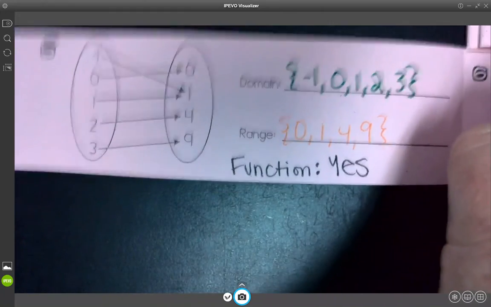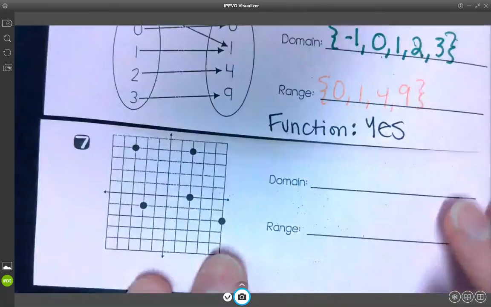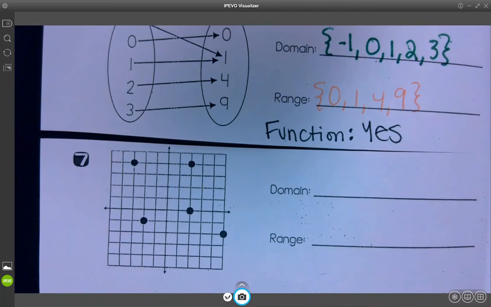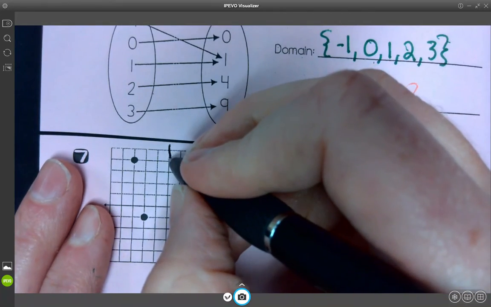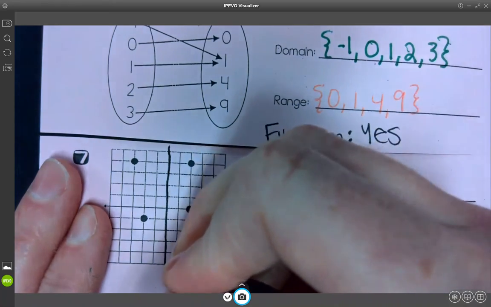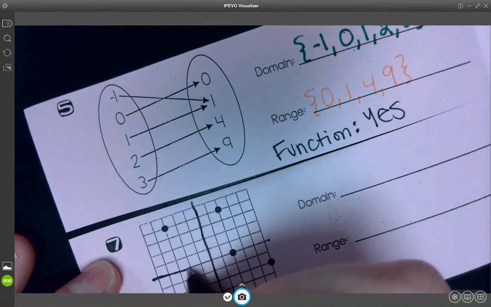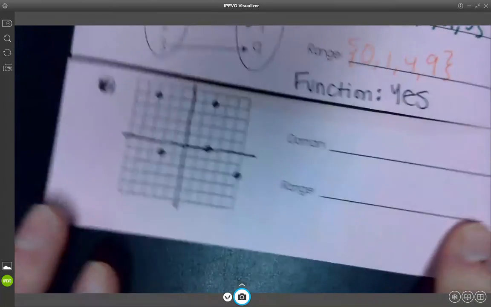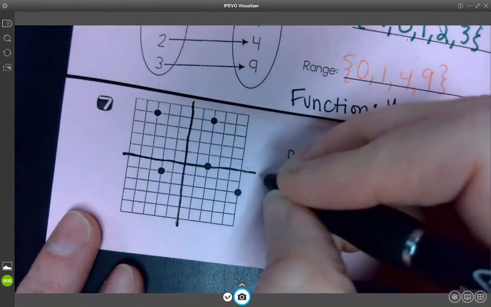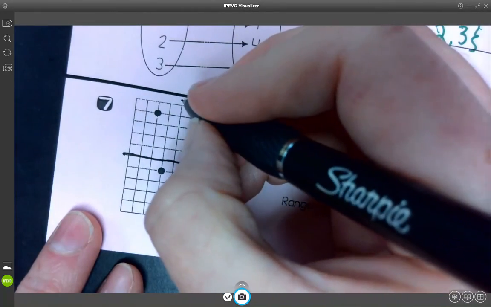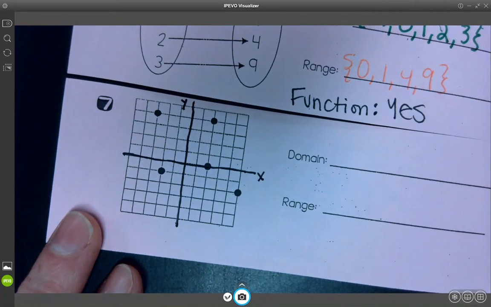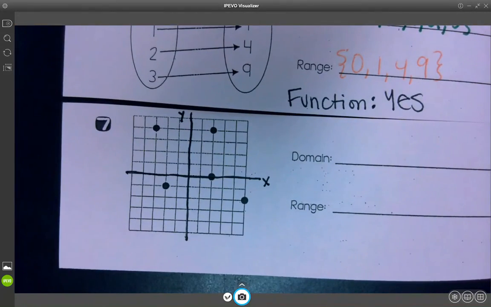Okay, let's go down to number 7. We have a graph here. What makes this hard is that I can't see the origin very well. So I'm going to go ahead and make your X and Y a little darker and go ahead and label them X and Y. And in order to know what our X and Y values are, we've got to find the coordinates.